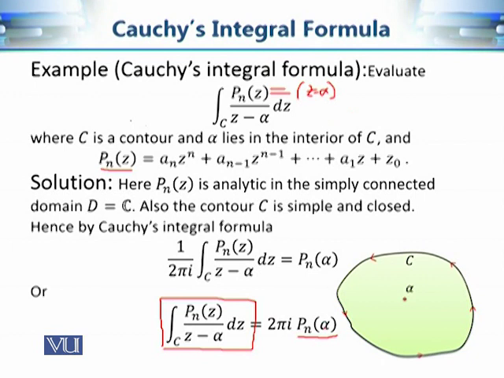So if alpha is a root of Pn, or if this expression is 0, then this contour integral is 0 by the Cauchy-Goursat theorem. Okay, so that's how Cauchy's integral formula is kind of a generalization of the Cauchy-Goursat theorem.